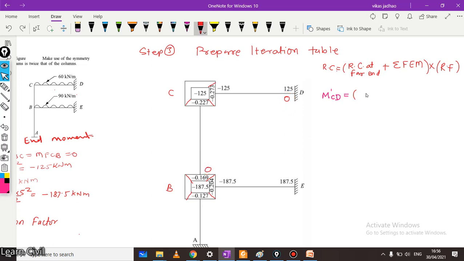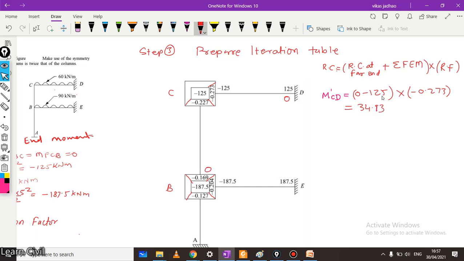So this will be equal to 0 plus summation of fixed end moment at joint C. Here we have summation of fixed end moment equal to minus 125. So 0 minus 125 multiplied with rotation factor of minus 0.273. We will get this value equal to 34.13.